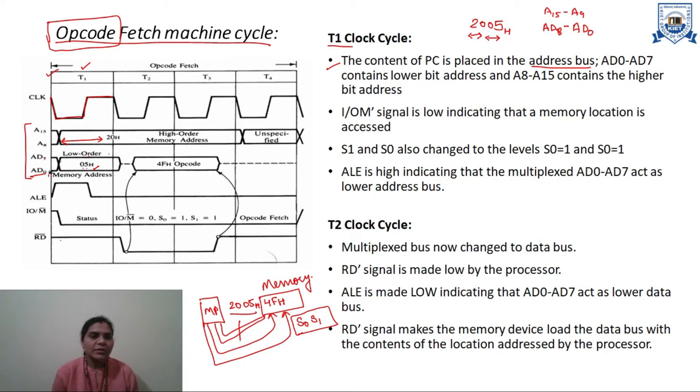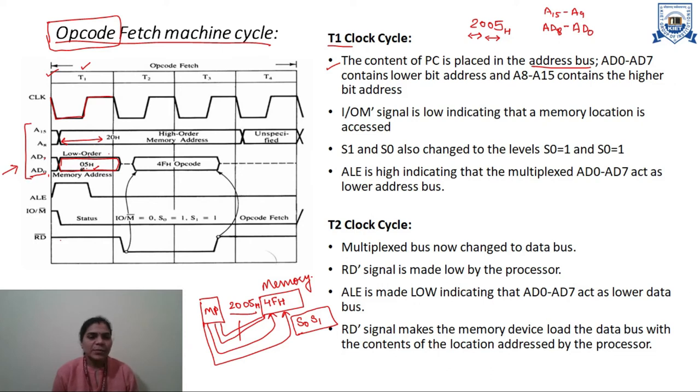So here we are using a combination of control signals, so we will represent it like this. Once the microprocessor places the address on the multiplexed buses, here AD0 to AD7, these are the multiplexed buses. These buses can carry address as well as data.